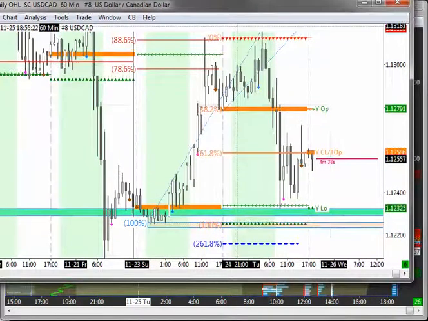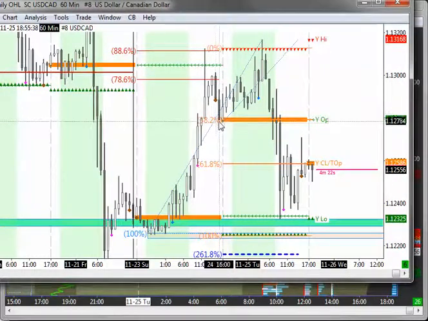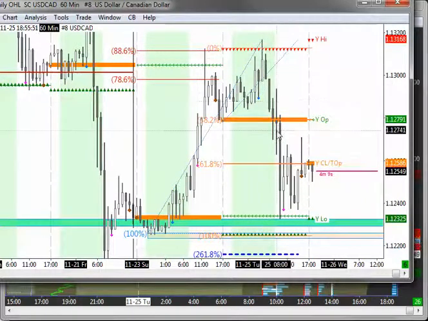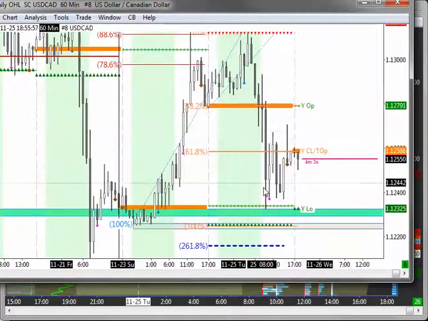Well, we opened right here at 112,791 in that area, and then we moved up into yesterday's high. We found some resistance at yesterday's high, and from that we then moved all the way down, pretty sharply, into the day's low.